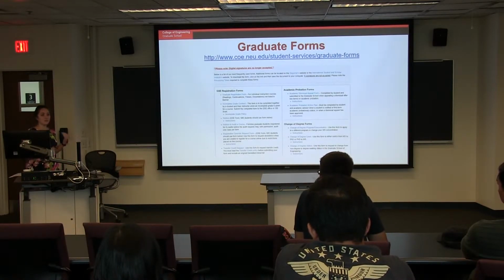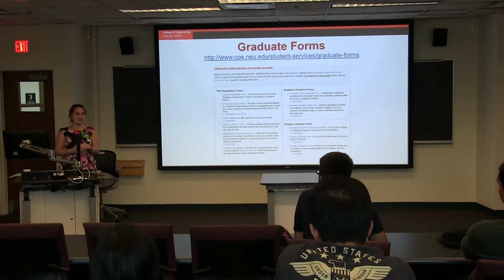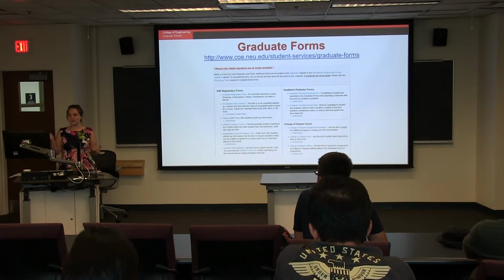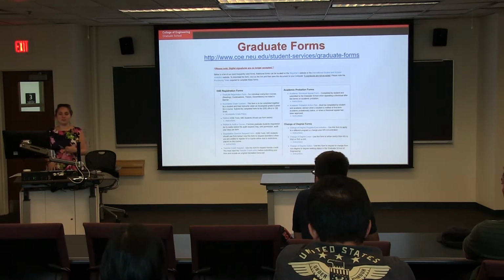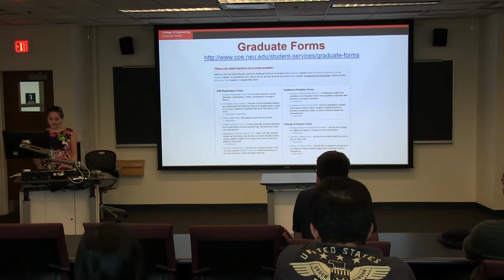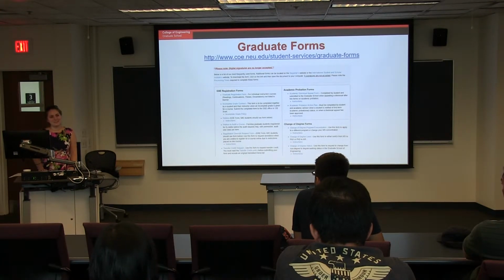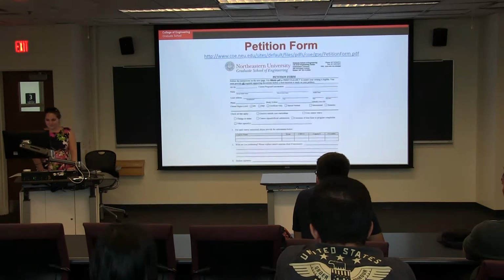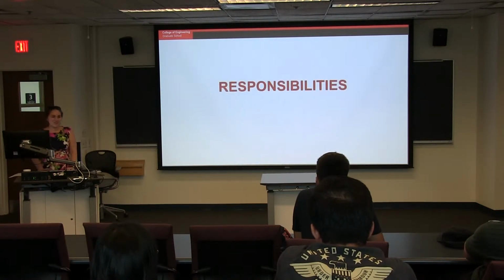The petition form is used during graduation clearance: if you've taken electives outside of your approved list and I'm trying to clear you for graduation, then your requirements will come in all red. You don't want to be in the red. You want to be in the green. So the petition form helps me know that this course is approved, it's going to count towards your graduation requirements, and that you're all clear to graduate. It's better to have it on file sooner rather than later, because in the semester that you're graduating, you don't want to be told by me, you're not graduating. That's the worst email. But we can work through it. So, as I mentioned, the petition form.